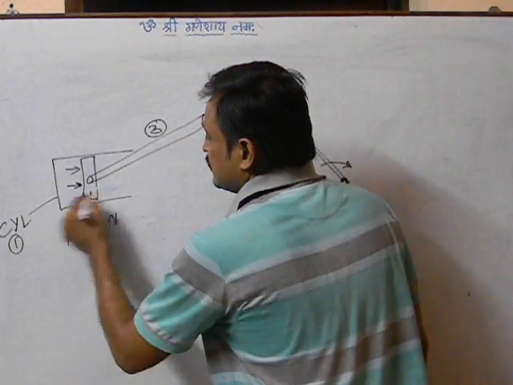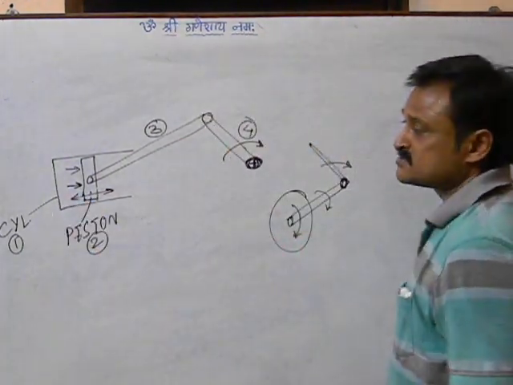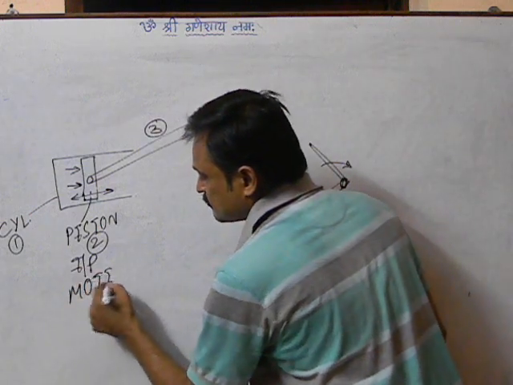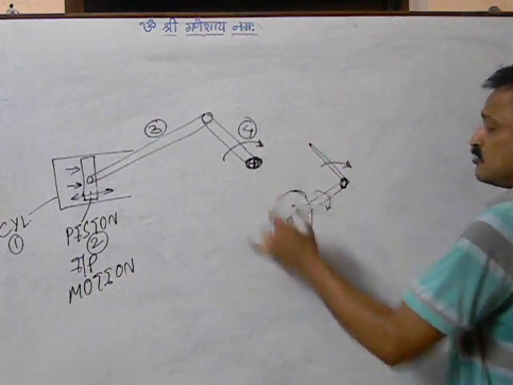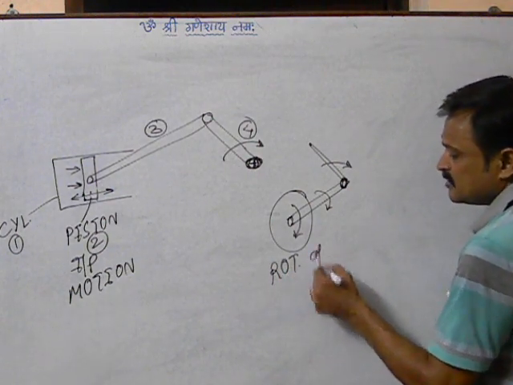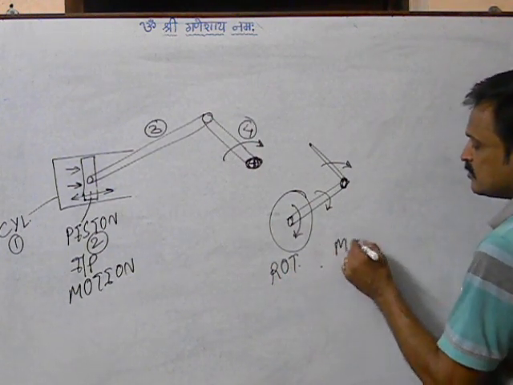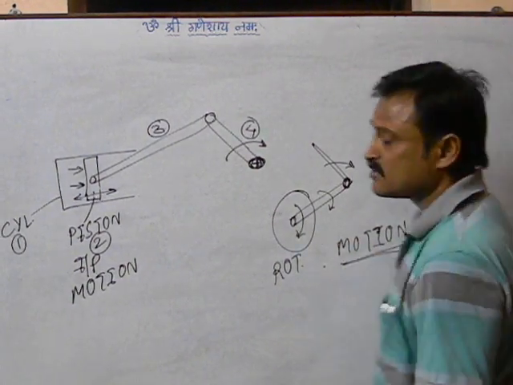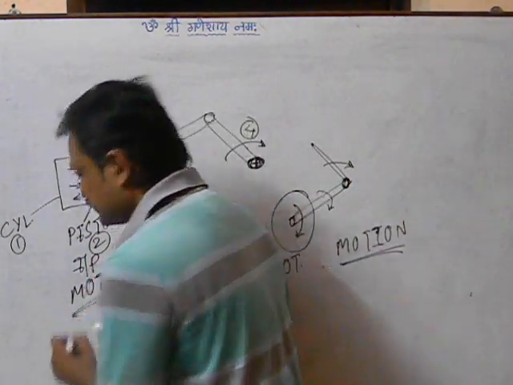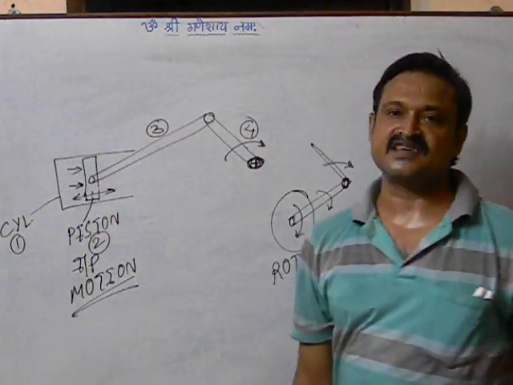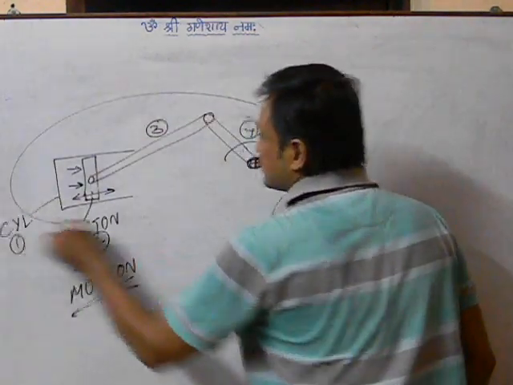That means the input was the piston motion and the output was the rotational motion of the wheel, right? So our focus was entirely on motion, for which we have created this arrangement.